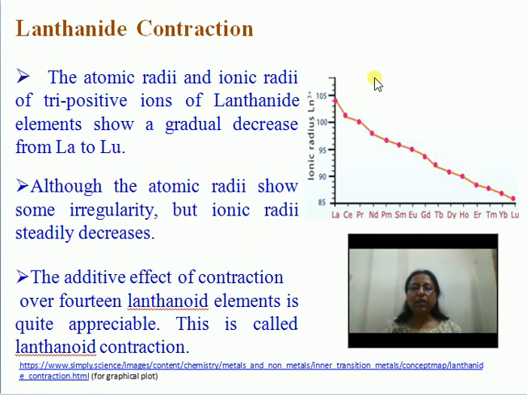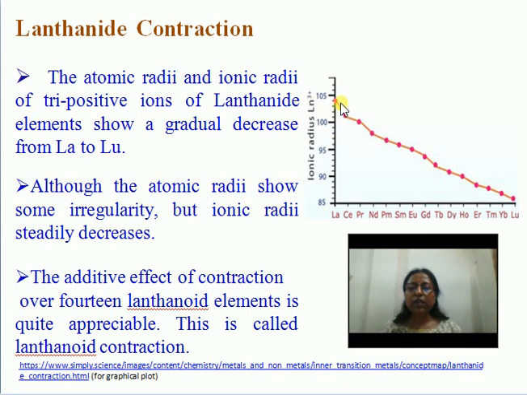Lanthanoid contraction is basically the contraction of the atomic radii or the ionic radii in lanthanoid elements. Ionic radii means the radii for the tripositive ions of lanthanides. You see here a graphical representation where in the x-axis we have the atomic number from lanthanum to lutetium, and in the y-axis we have the ionic radius for Ln3+ ions.